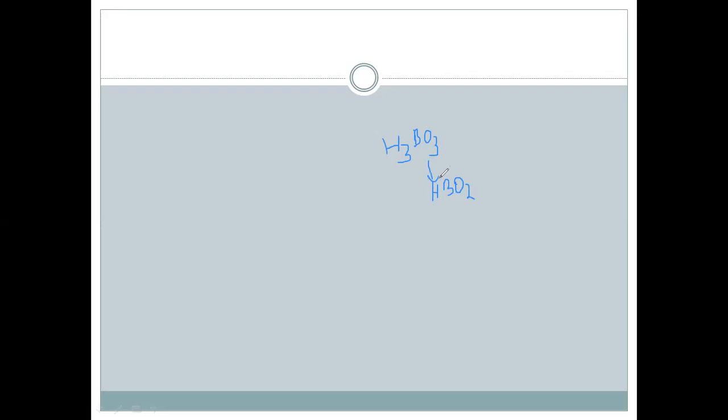Now, what are the physical properties of boric acid? It's a crystalline, soft, white, needle-like, soapy-touch substance. Regarding the solubility, it is less soluble in cold water, but shows sufficient solubility in hot water.